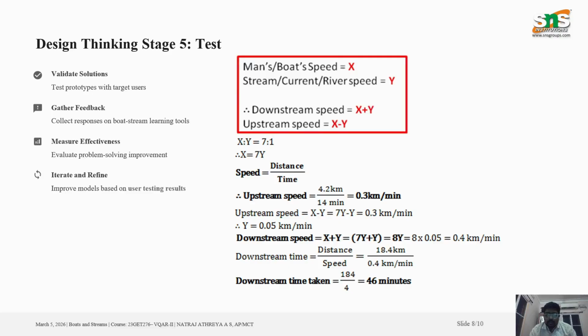So downstream time is distance by speed, equal to 18.4 kilometer, that's the distance, divided by speed as 0.4 kilometer per minute. So the time taken will be 184 by 4 equal to 46 minutes. So the time taken for the boat to travel downstream is 46 minutes.